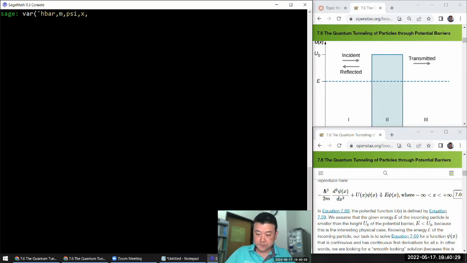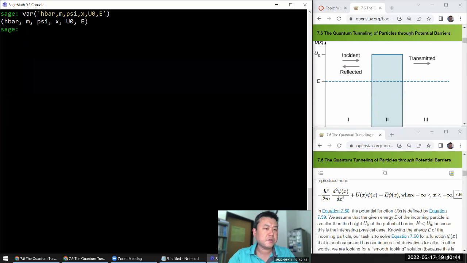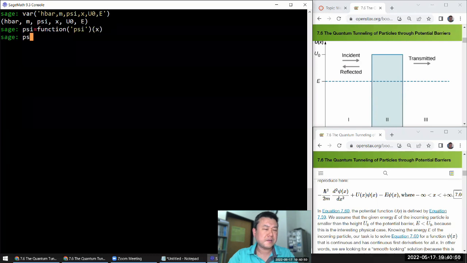Think of psi not as a function yet, but I'll be using u naught to indicate the barrier height. And I need E for the energy of the particle. So with those, let me declare a function. So psi is a function psi of x. I think that's the right way to declare it.